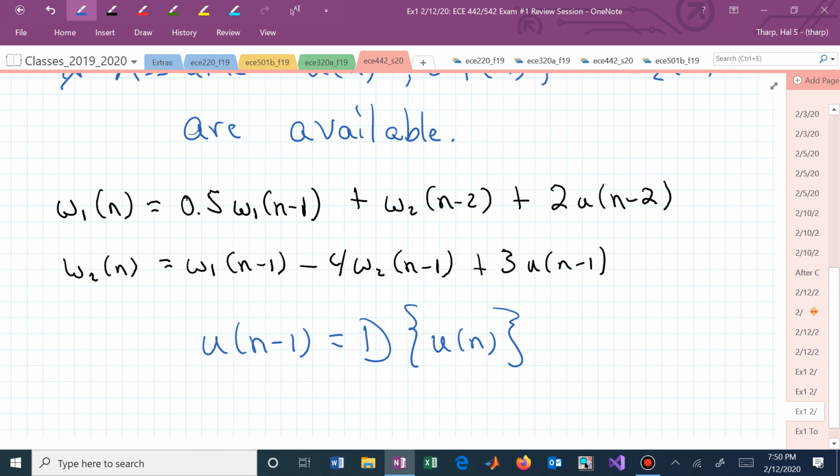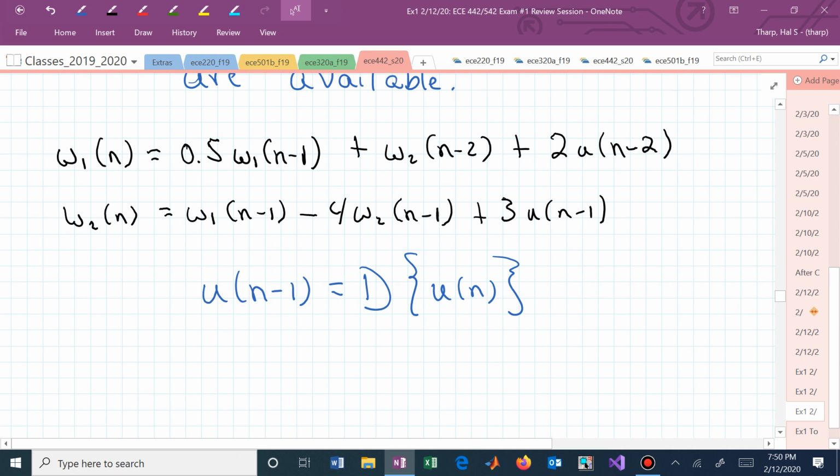It's like a drawer. You stick a signal in it, you wait one time interval, and then you pull it out. So one delay of U of n is U of n minus 1. If you had U at 10, one delay of that would have been U of 9.